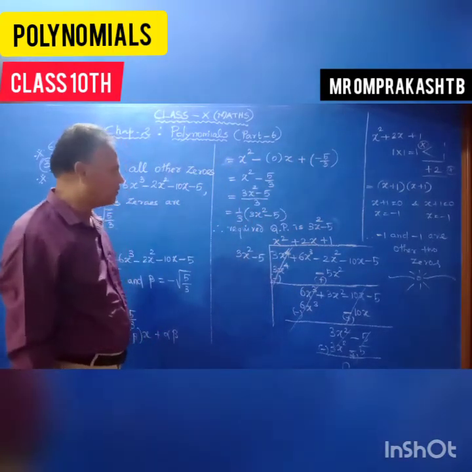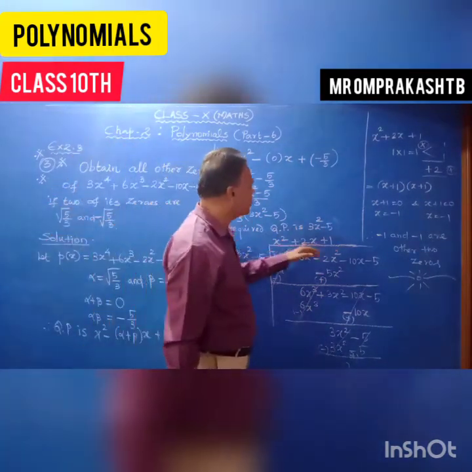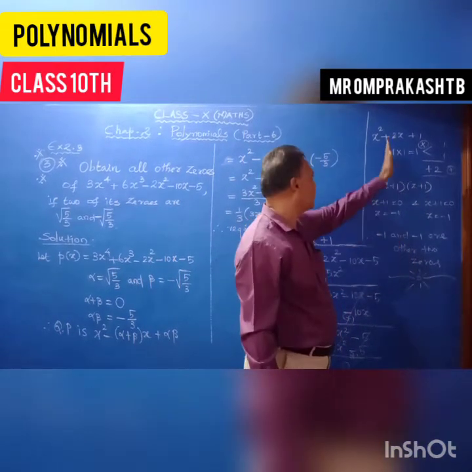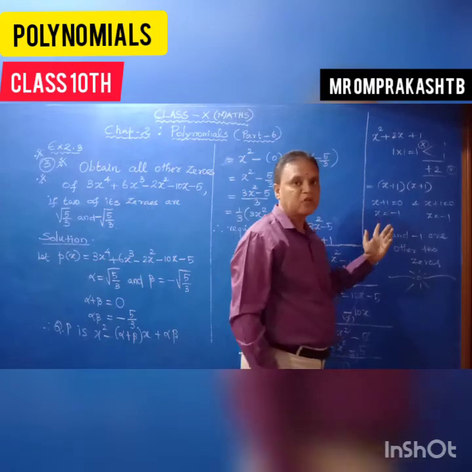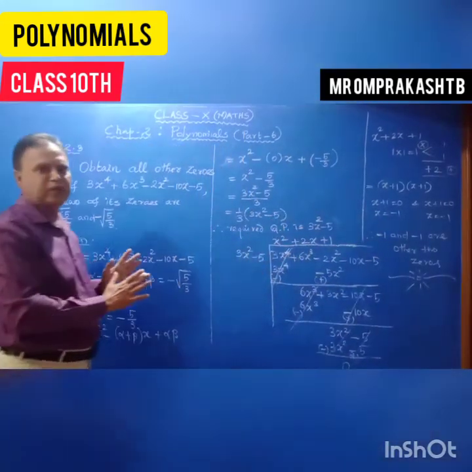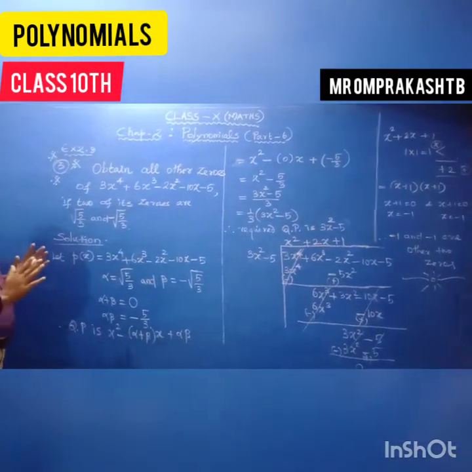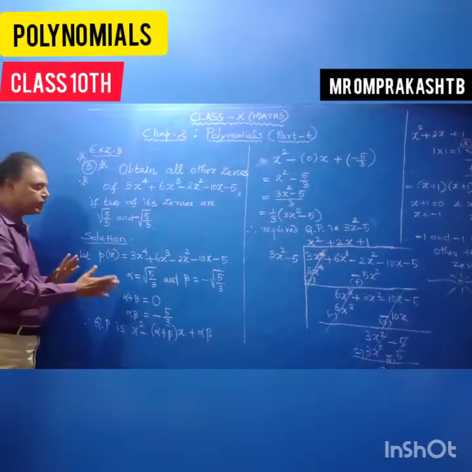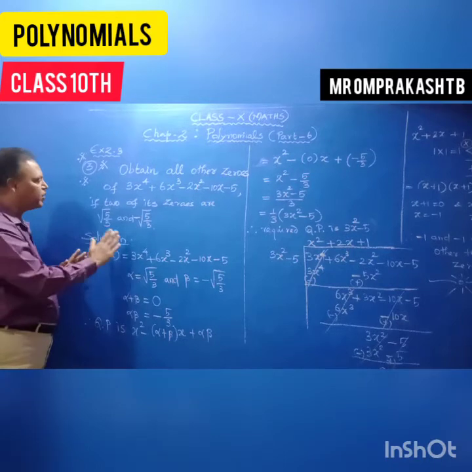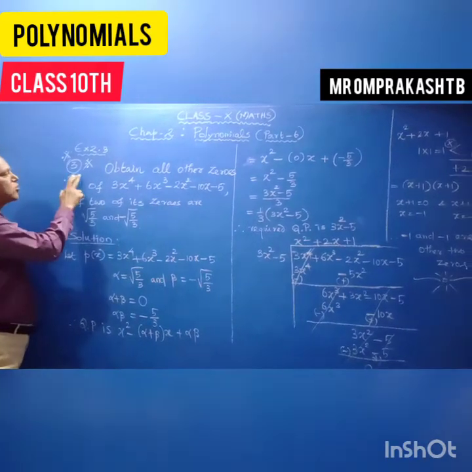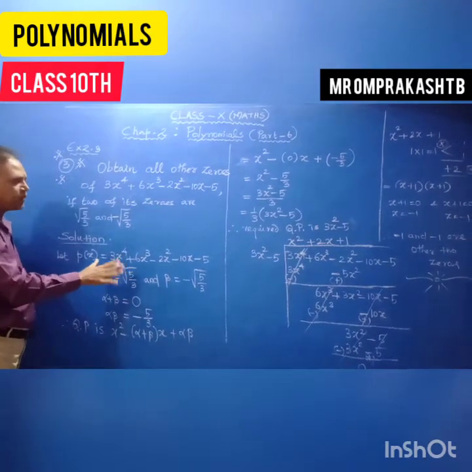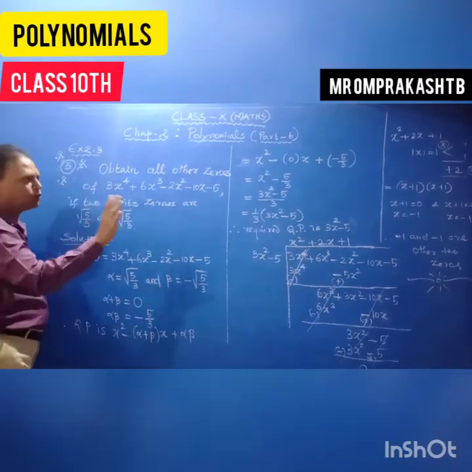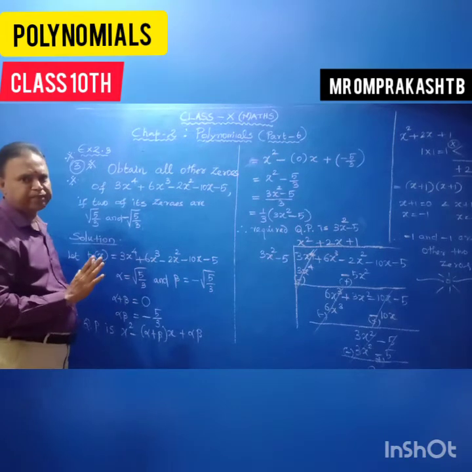Then finding zeros, this also they may ask in 1 mark or 2 marks. So already you have done part by part. Now you are doing it together. That's why this question will definitely come in 3 marks or 4 marks. Very important question for CBSE. Thoroughly practice. 1 or 2 times you have to practice. Understand?